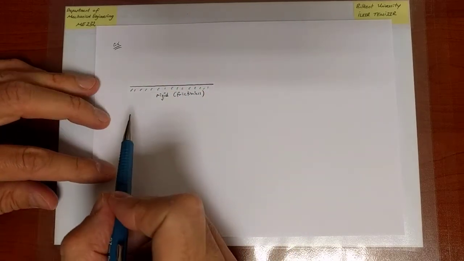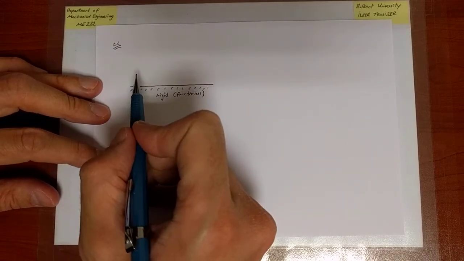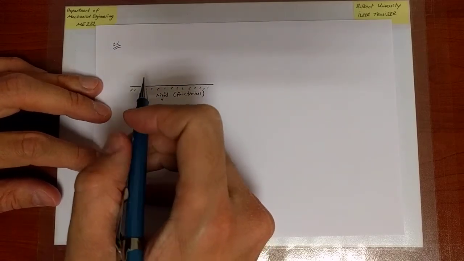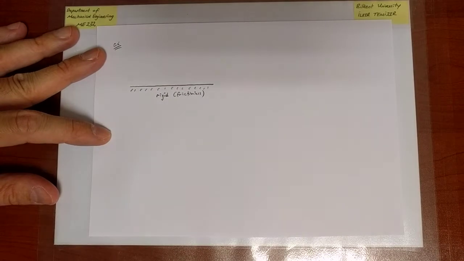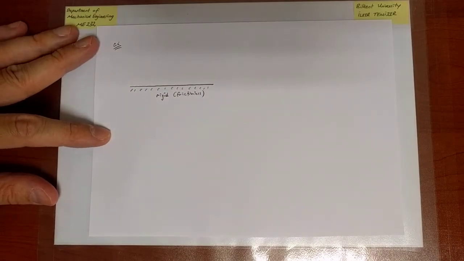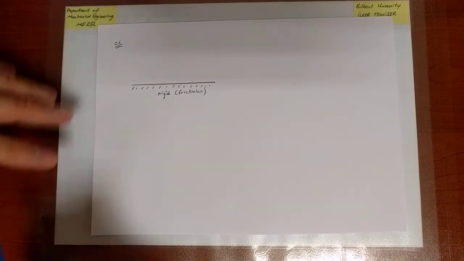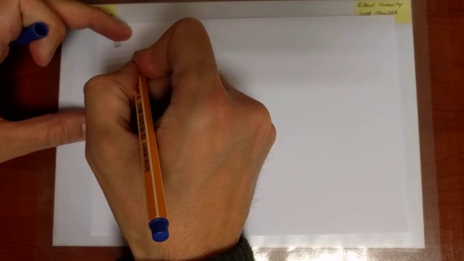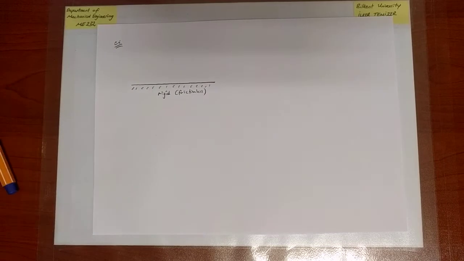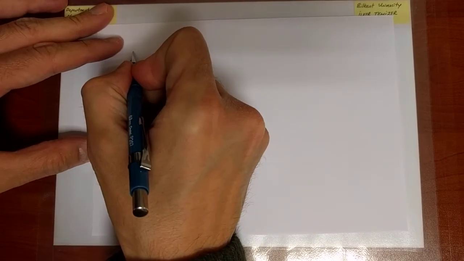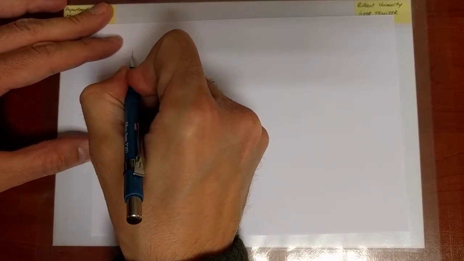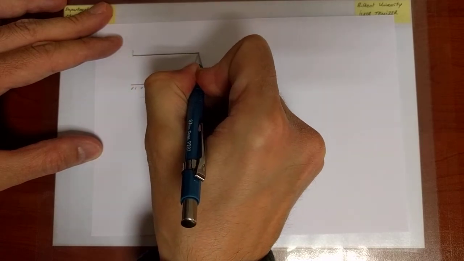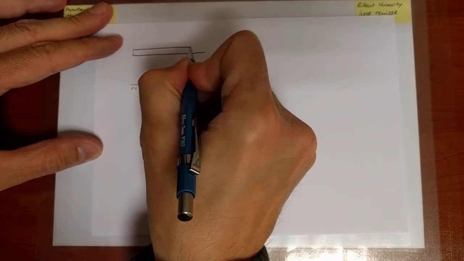Okay. So additionally, what we have is an upper surface. Let us draw that in again. So we have an upper surface.